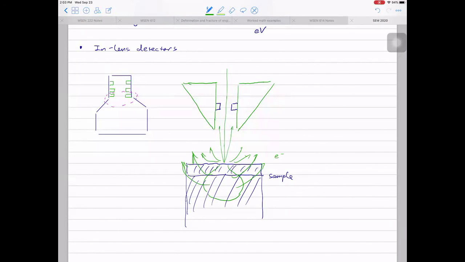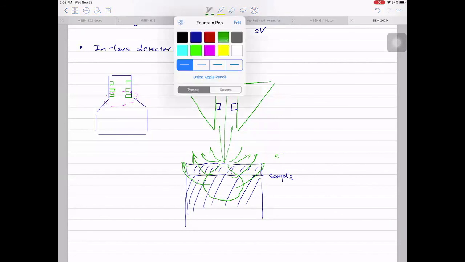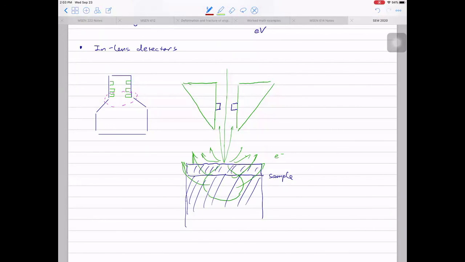The good thing about using the in-lens detector is it only collects signals coming from here.